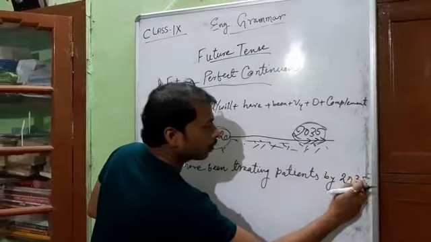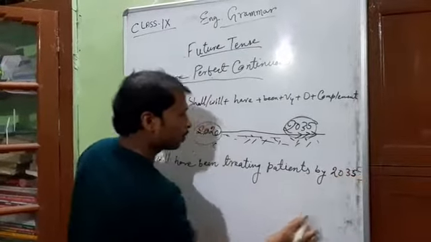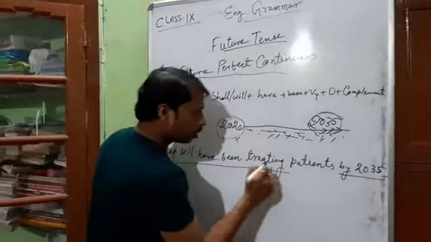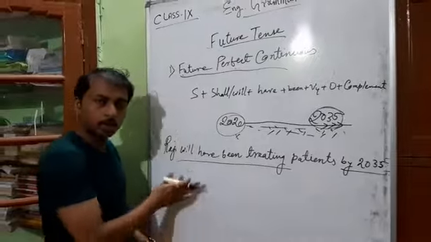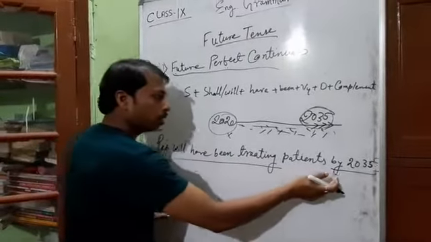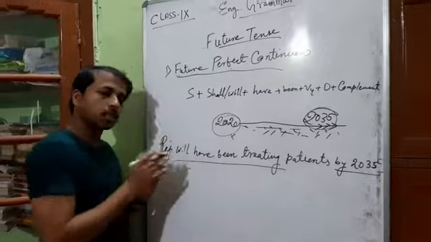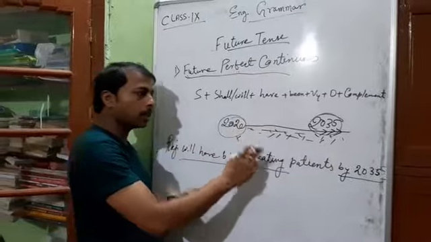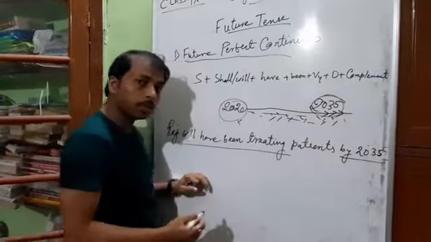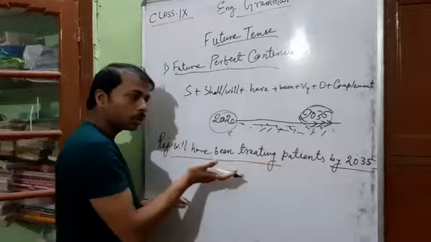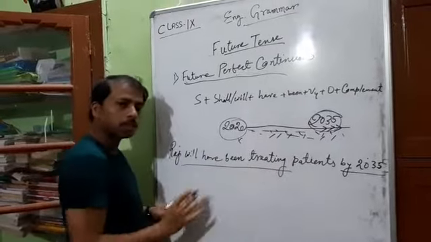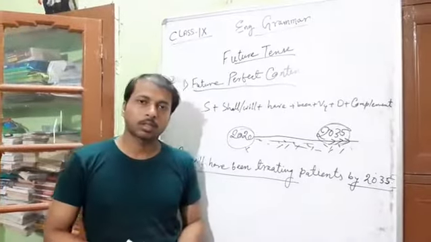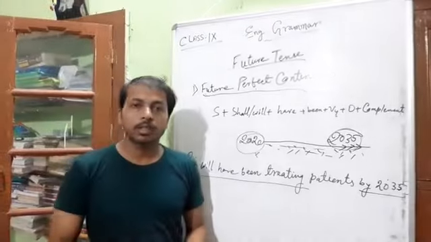So by 2035, this is the time he will continue to do a work, that is treating patients. That work will continue. So such action which has not started now but will start somewhere in future, and as in the last example we said that before 2035 he will become a doctor. That means when 2035 goes on, at that time he will be treating patients. So such kind of actions are said to be in the future perfect continuous tense. So that's it from future perfect continuous tense. Thank you very much.